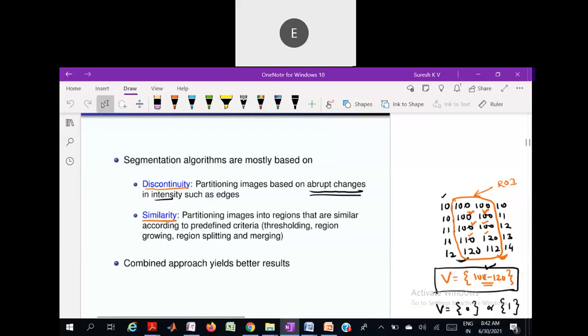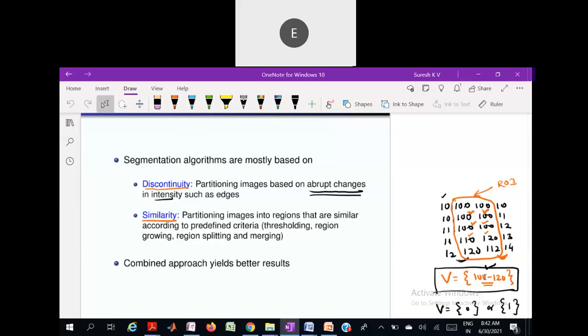For example, let us assume that you want to segment the cloud region in a satellite image, maybe to predict the rainfall. In a satellite image, you want to detect the cloud region. The range of values for cloud would be somewhere near white.